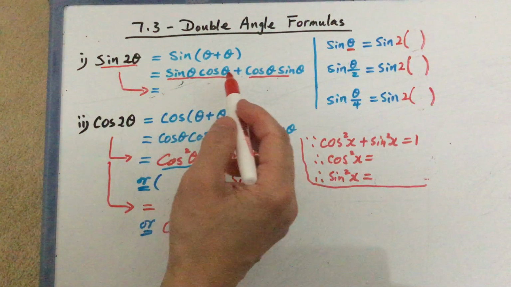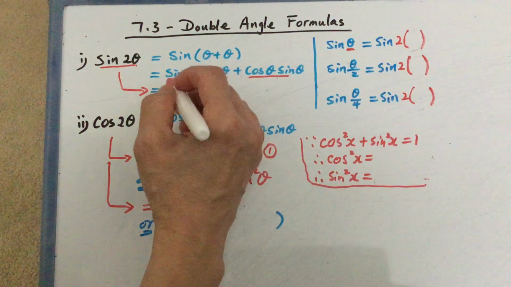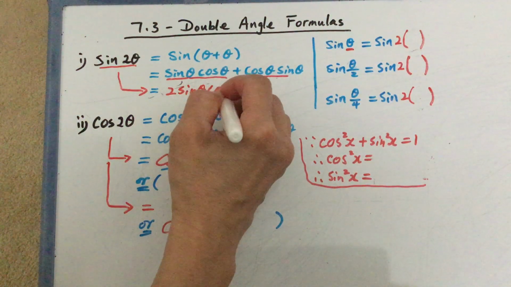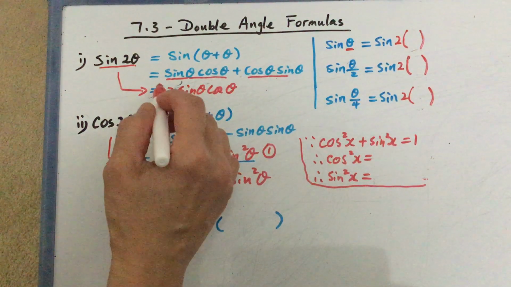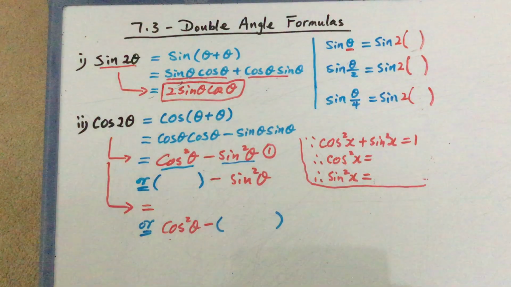Sine theta cos theta and cos theta sine theta are like terms, so you end up with 2 sine theta cos theta. As simple as that, this is the double angle formula for sine 2 theta.